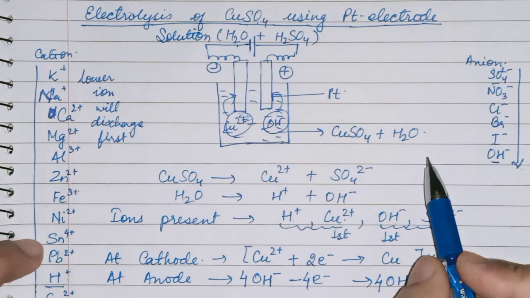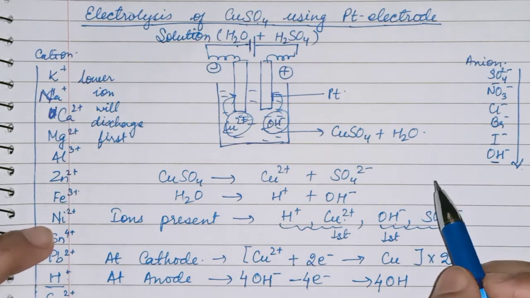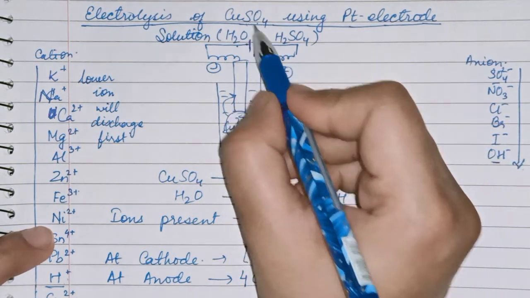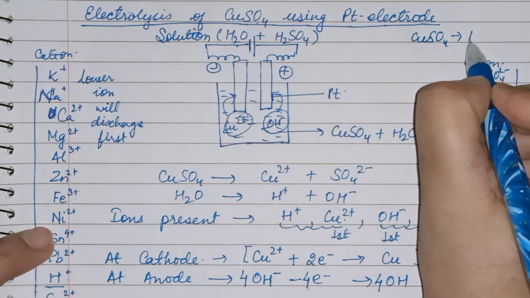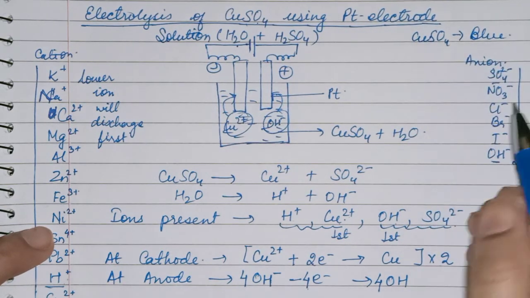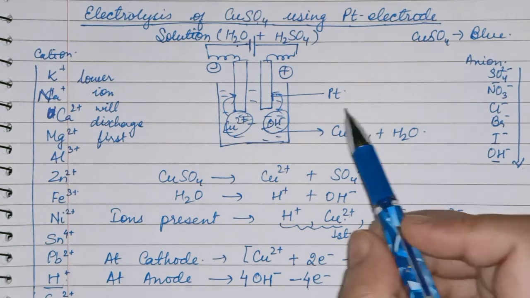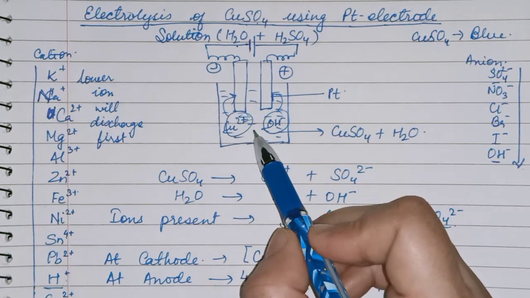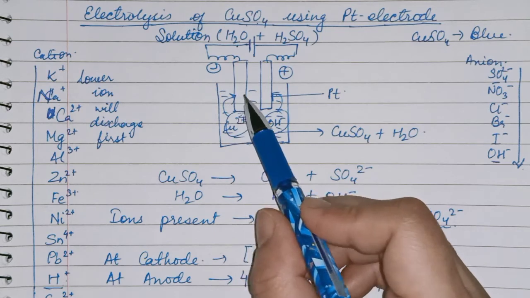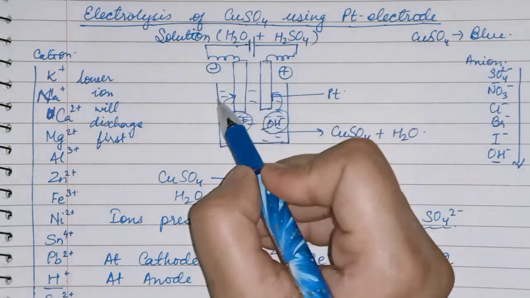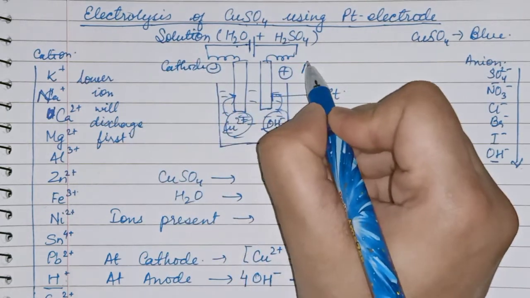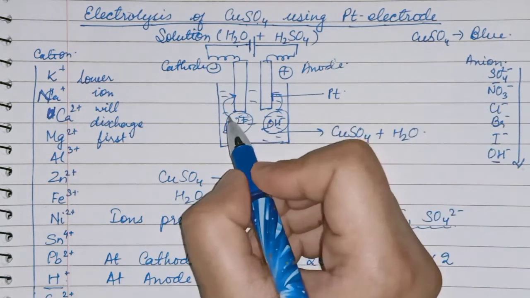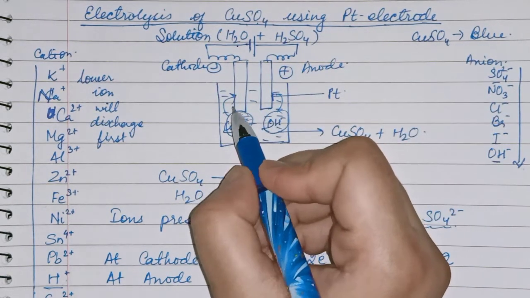Now children, one very important point you have to note here is that the color of copper sulphate, CuSO4, is blue. Okay, when the ions are breaking down and getting deposited over here. See, this one is cathode and this one is anode. Copper is deposited over cathode.